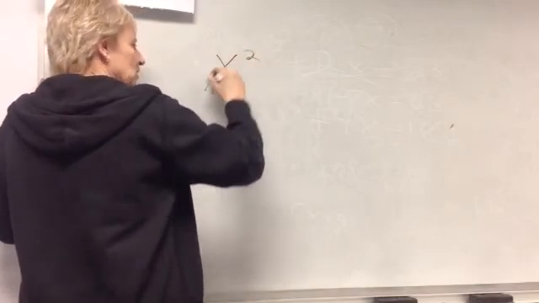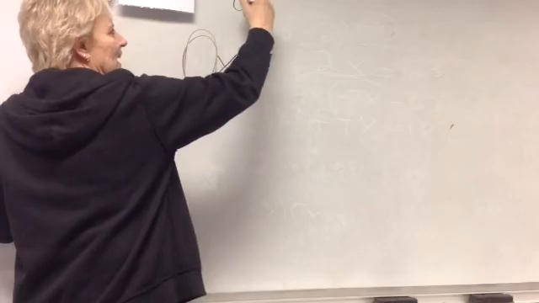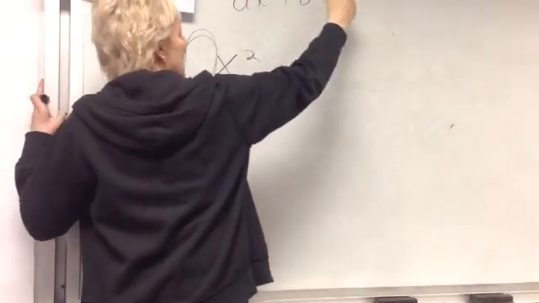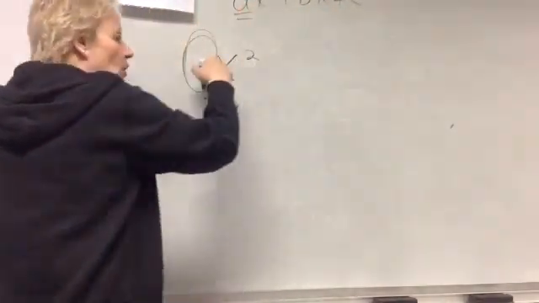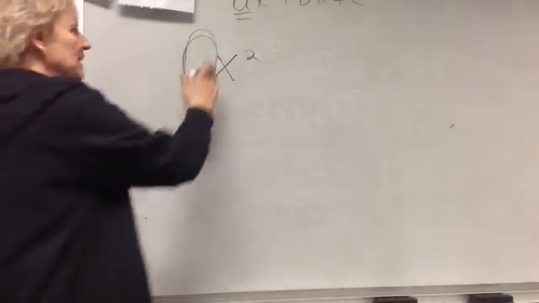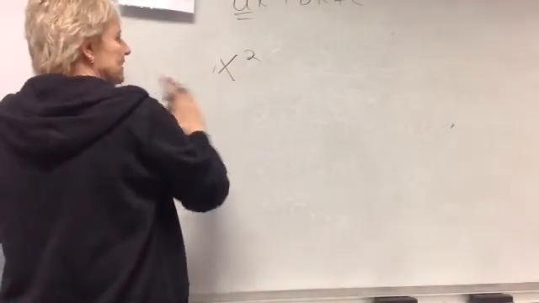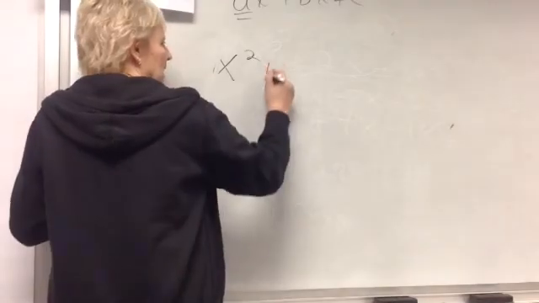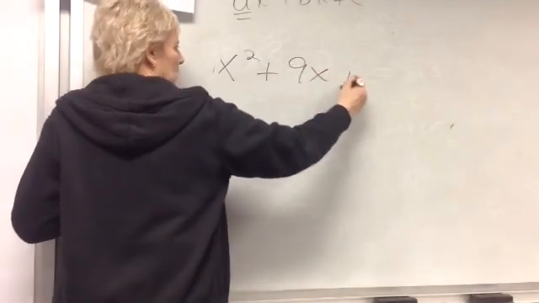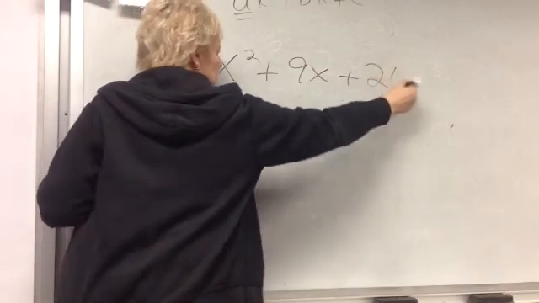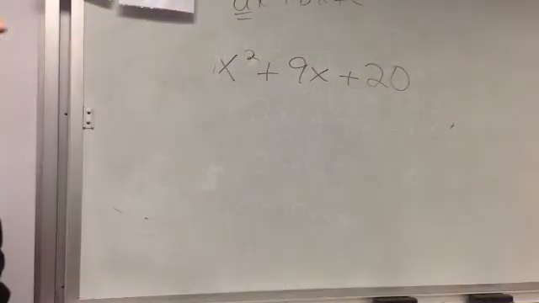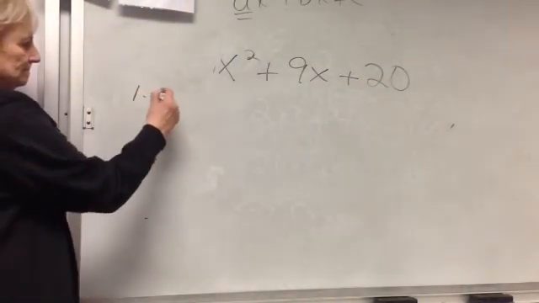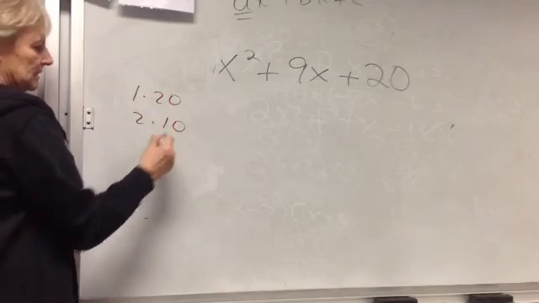Now this only works, this is ax squared plus bx plus c. When a is 1, this method is very easy, okay? So let's do x squared plus 9x plus 20, okay? What factors of 20? 4 and 5.